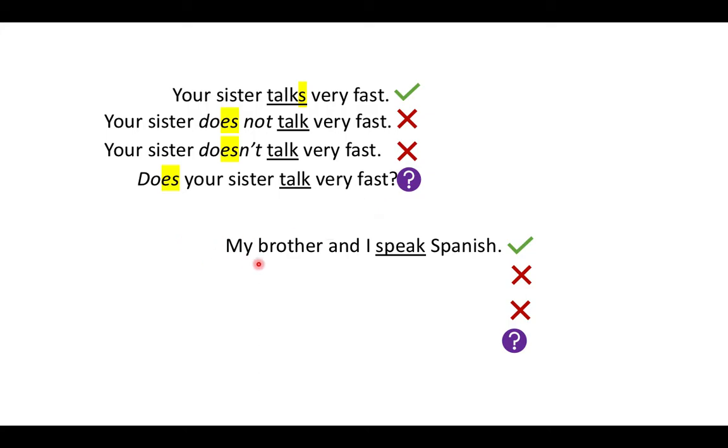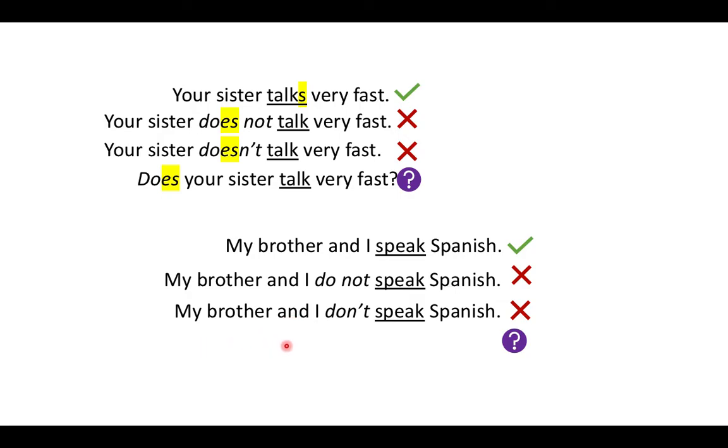So for the next one, my brother and I speak Spanish. So for this one, to make it the opposite, to say no, we just add do not. My brother and I do not speak Spanish. My brother and I don't speak Spanish. Do not and don't mean the same thing.